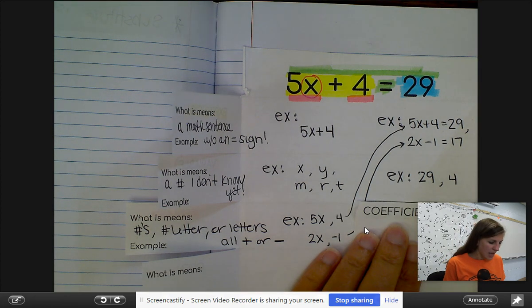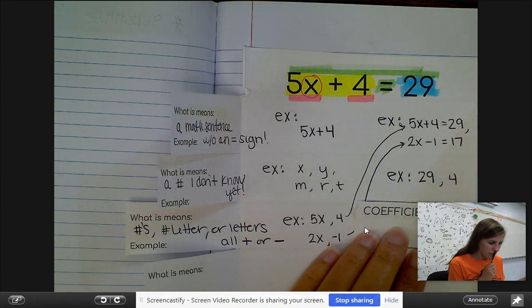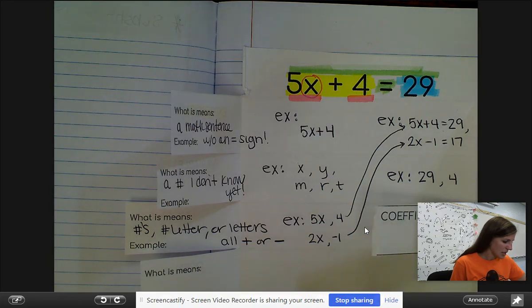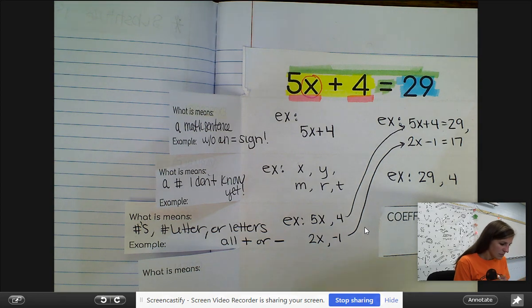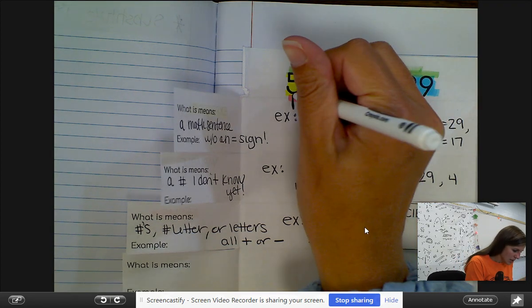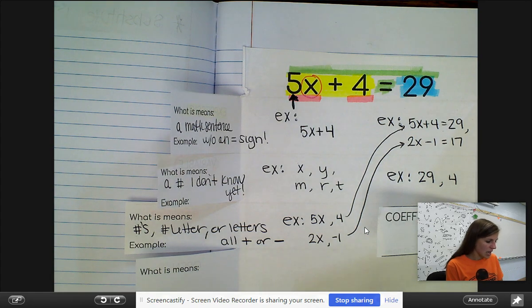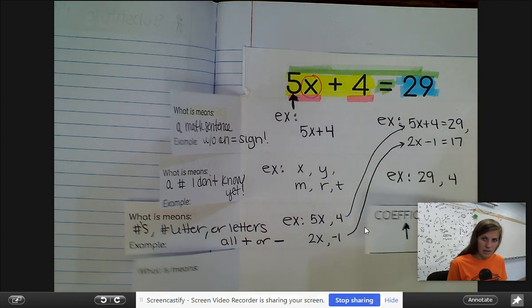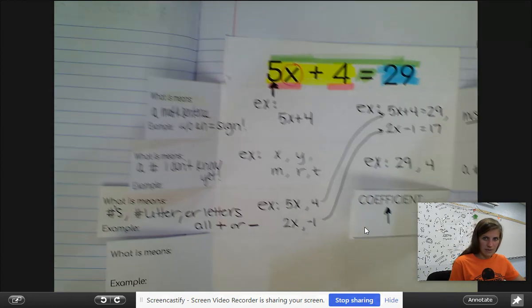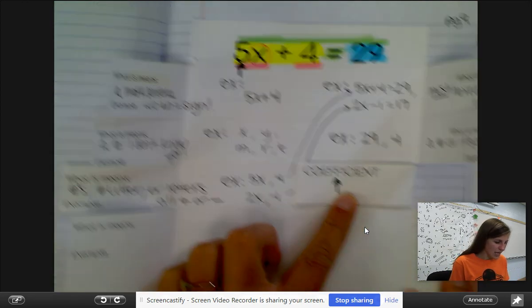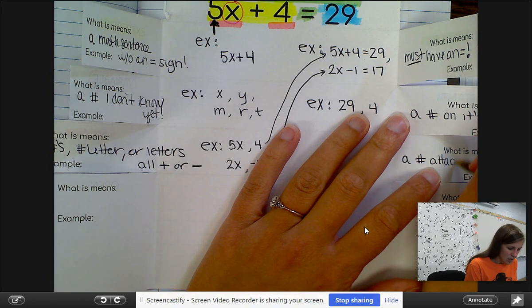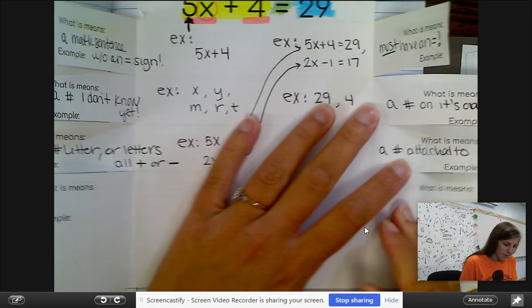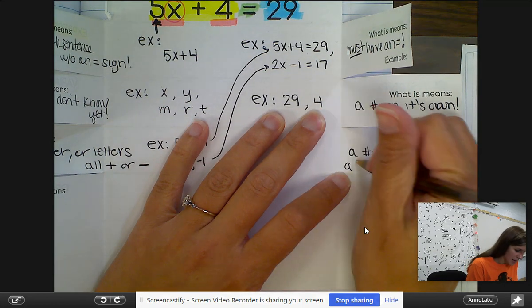Alrighty, next we have coefficient. We'll do an arrow. That'll work. Let's get this one here. A coefficient is a number attached to a letter.